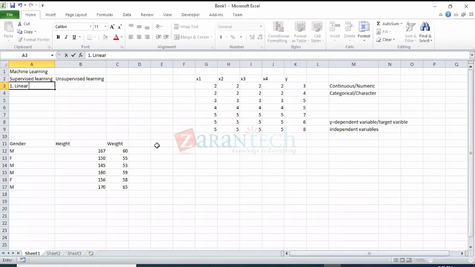I'll just list them out. Linear, logistic. These are just a few examples; there are so many supervised learning models. In all these cases, I'll know what my target variable is.